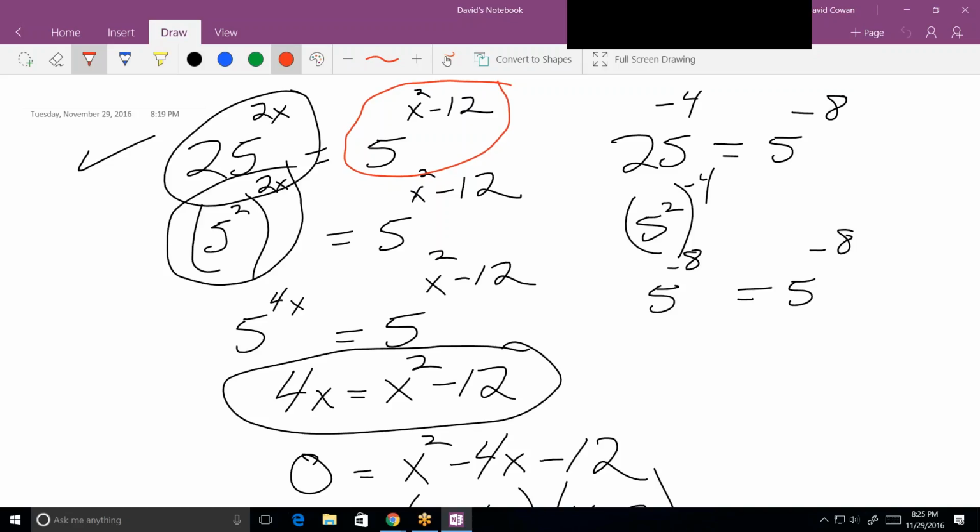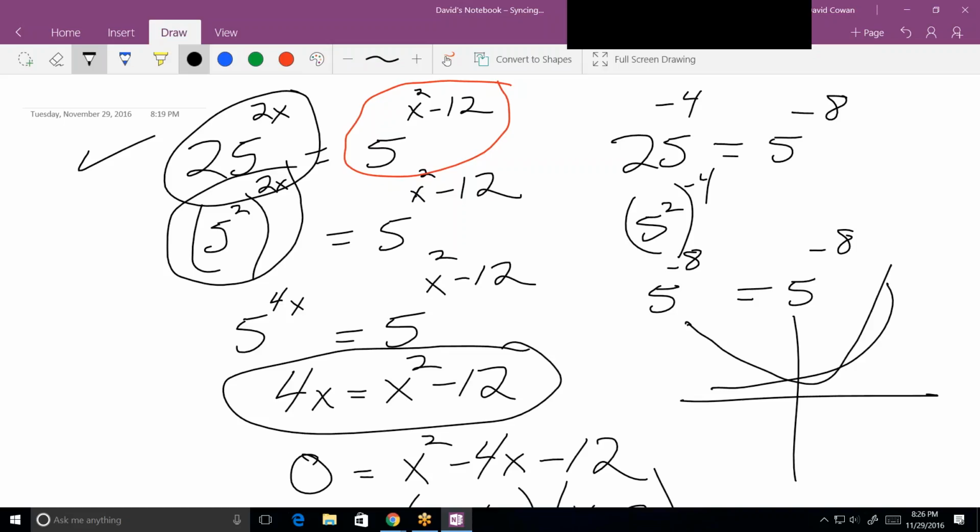I'm trying to figure out how that's going to work, because your graph's going to look, the left side of the graph is going to just look like this. And the right side of the graph maybe is going to look something like this. I don't know.